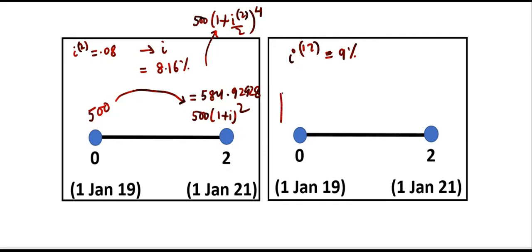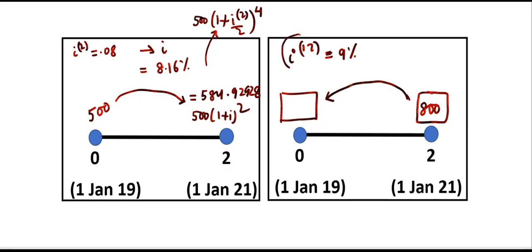Here you are finding the discounted value. The amount is 800. How much must you have deposited on 1 January 2019, so that you will get 800 after 2 years? This is the question.